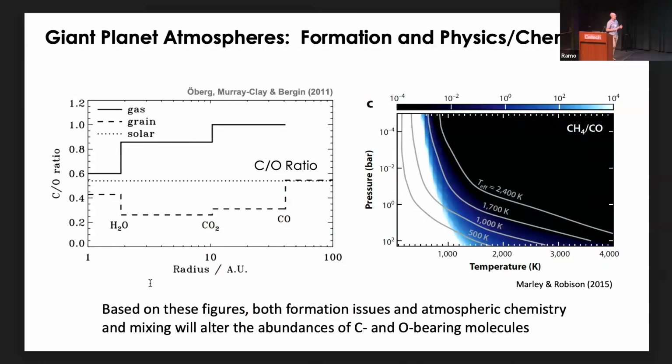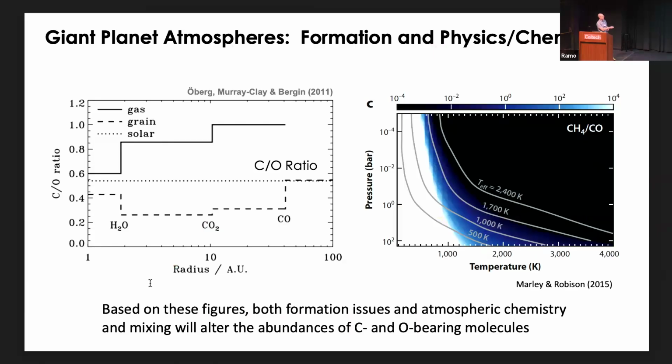And so to follow up on these same two themes, often one of the things we can see in the atmosphere are abundances of carbon and oxygen-bearing molecules, water vapor, CO, CO2, other things like that, maybe photochemical products. And again, atmospheric physics and chemistry and planet formation both dictate these sorts of abundances.